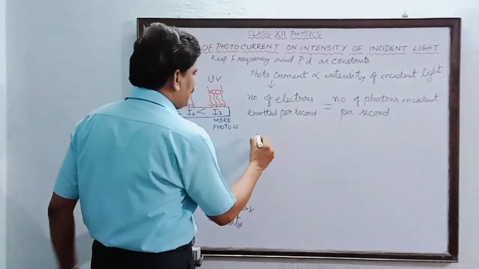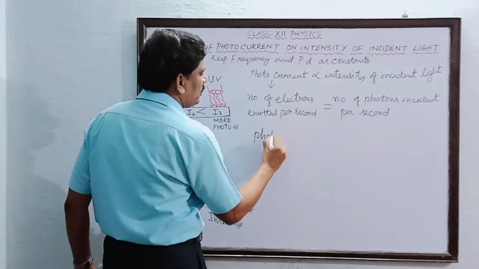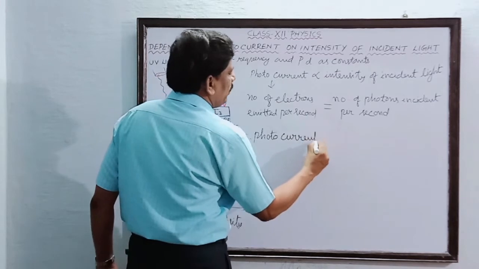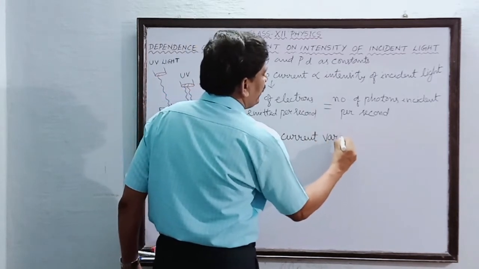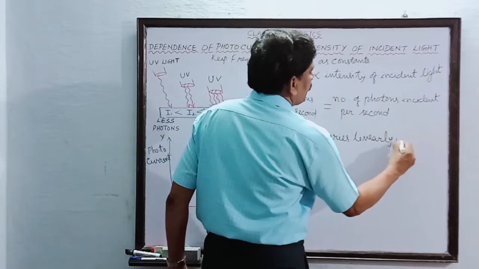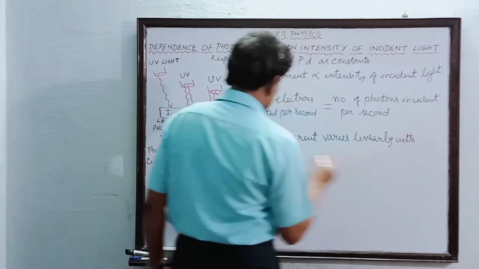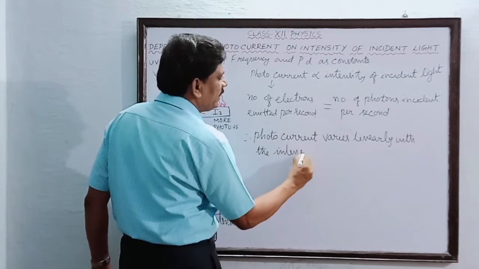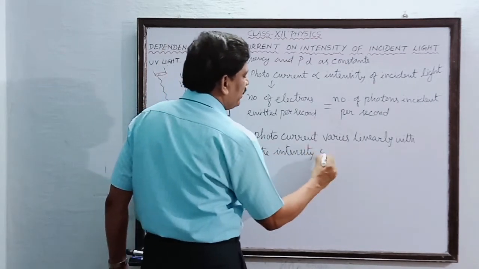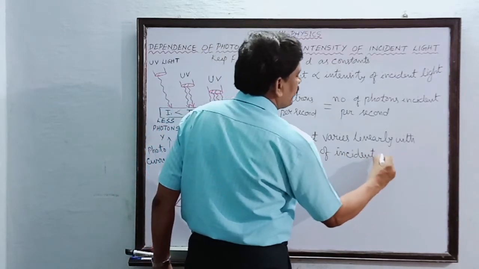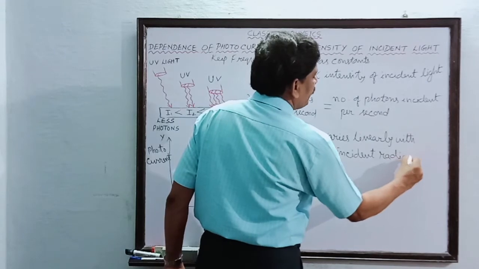So therefore the photocurrent varies linearly with the intensity of incident radiation or incident light. Both are one and the same.